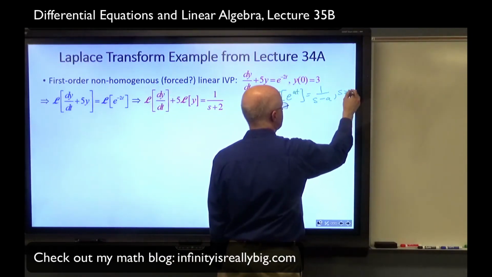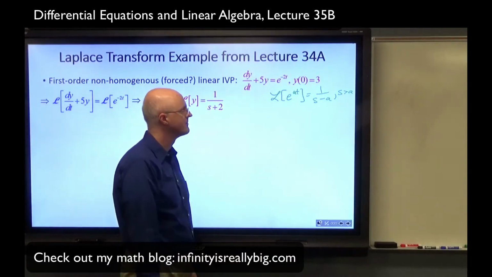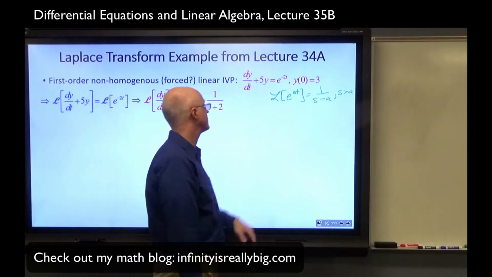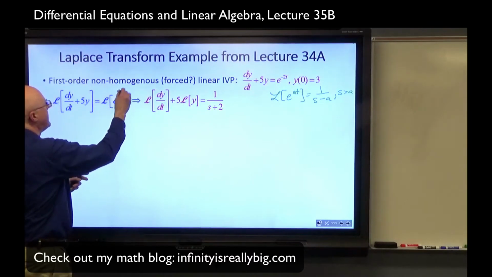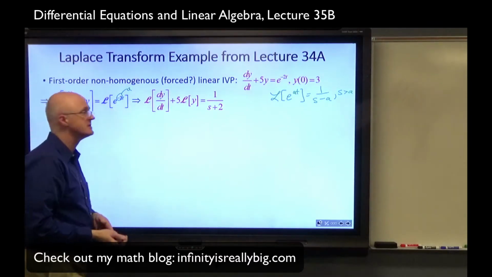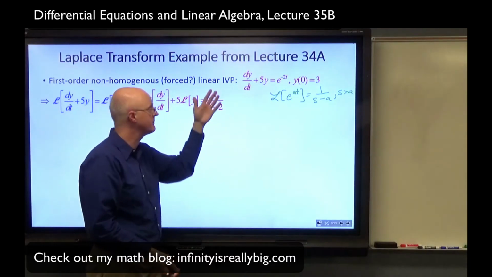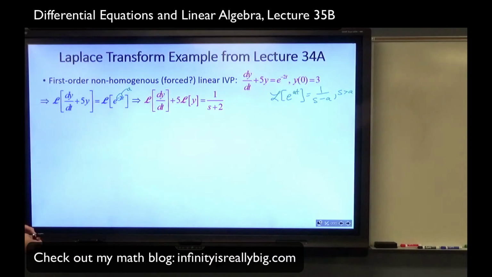As long as s is bigger than a, our improper integral that defined the Laplace transform would converge. You don't typically need to worry about the domain so much. Just focus on the formula. In this case right here, a is negative 2. So 1 over s minus a would be 1 over s minus negative 2, which would be 1 over s plus 2. And notice the linearity used on the left.